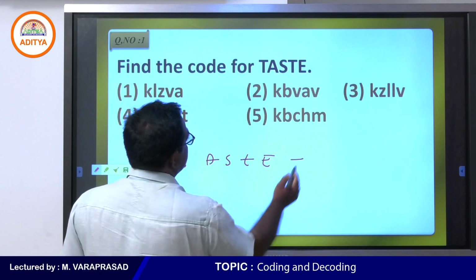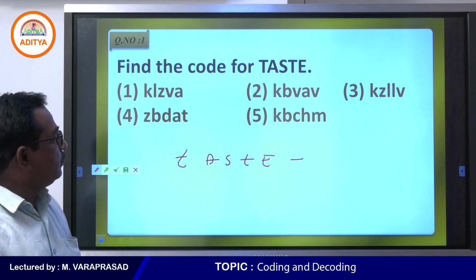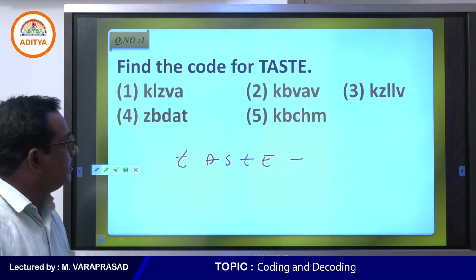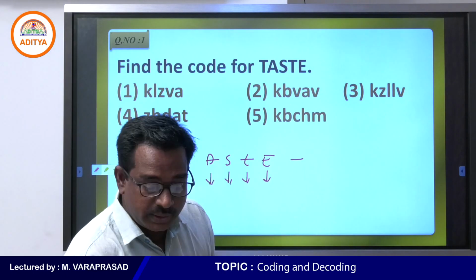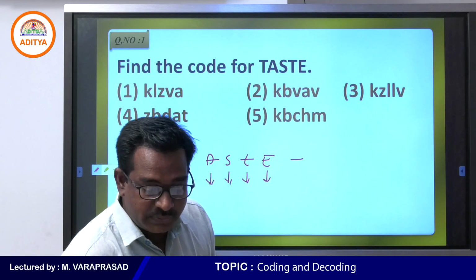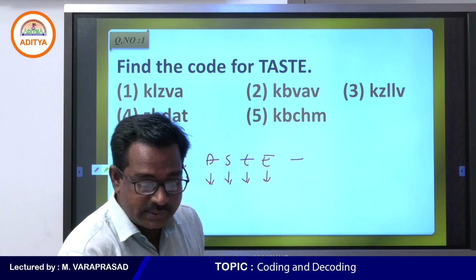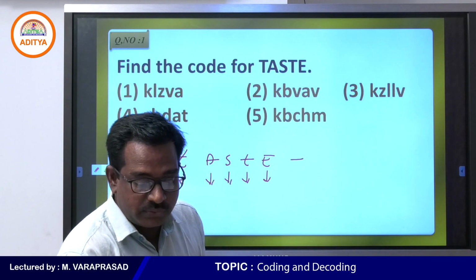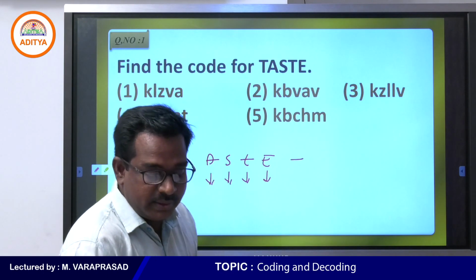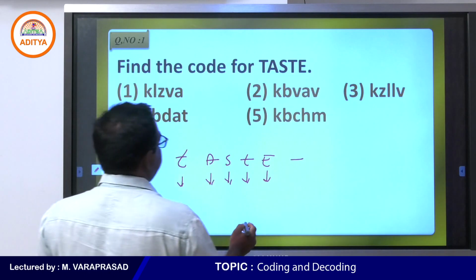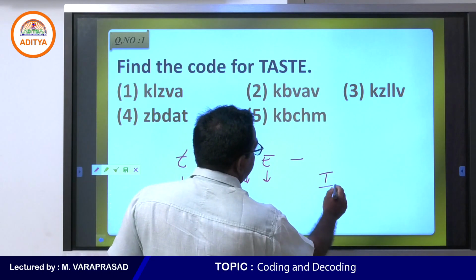Taste. T means we can write V. A means K. Yes. T means V.